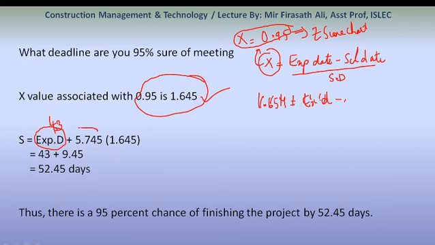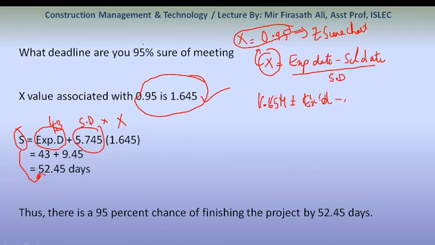Standard deviation multiplied by the value of x, plus the expected date, gives the scheduled date, which is 52.45 days.